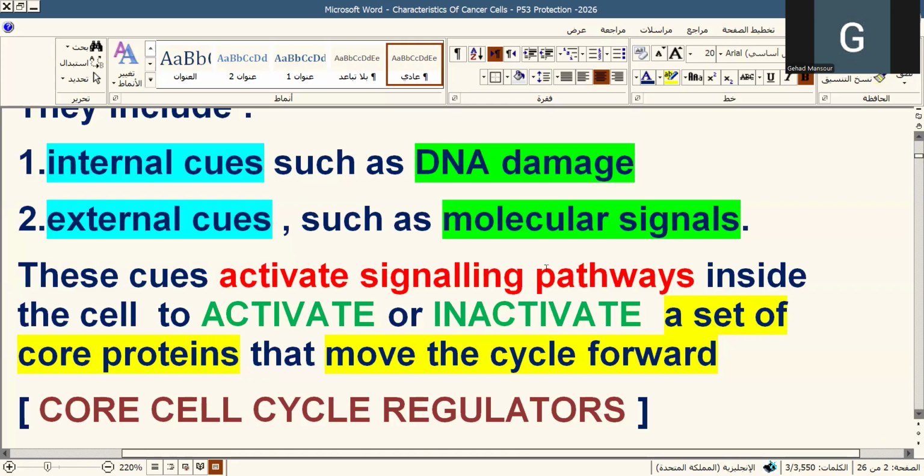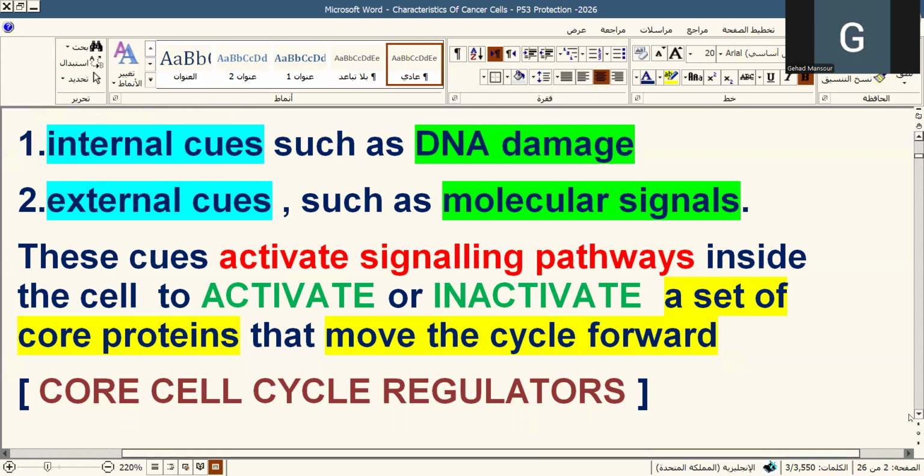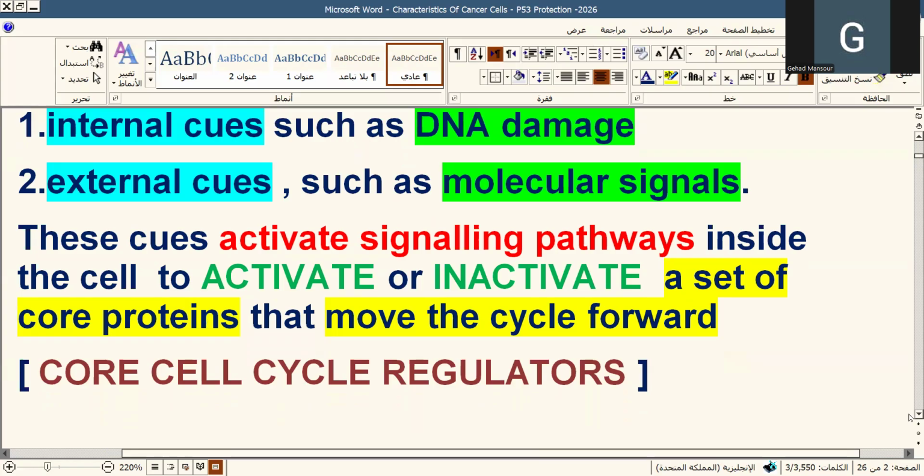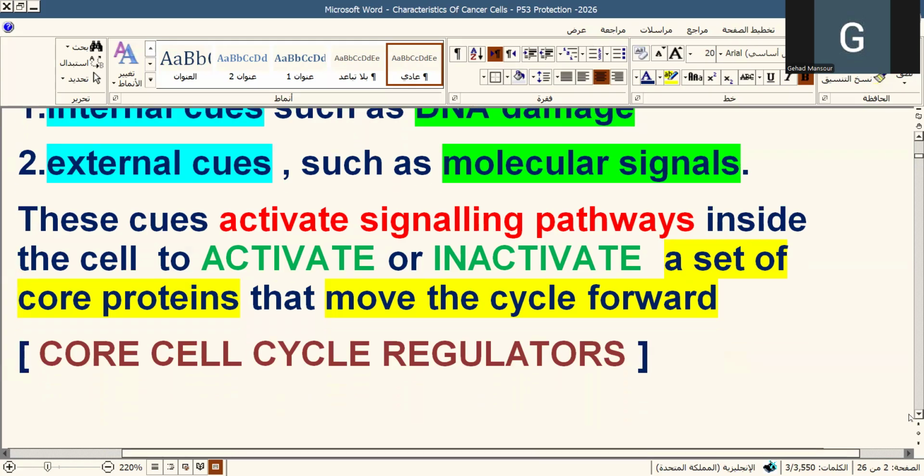Of course, as we said before several times, molecules do not have brains. Molecules are not able to talk, but the language of molecules is through molecular interaction. So if sensor proteins sense the damage in DNA, then they will bind to inhibitory proteins like the famous p53 protein we're going to focus on today, to stop the process of cell division, or to arrest the cell cycle.